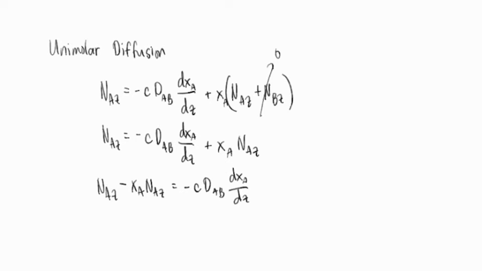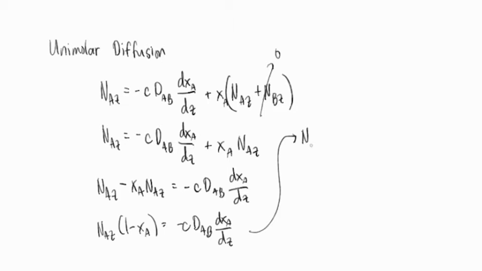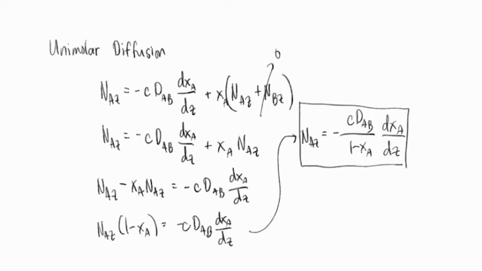Extracting N_AZ, we have N_AZ times (1 minus x_A) is equal to negative C D_AB times dx_A over dz. This gives us the final form of the equation: N_AZ is equal to negative C D_AB over (1 minus x_A) times dx_A over dz. This is our simplified equation for the limiting condition of unimolar diffusion. If one of the species is stagnant, you may use this equation.